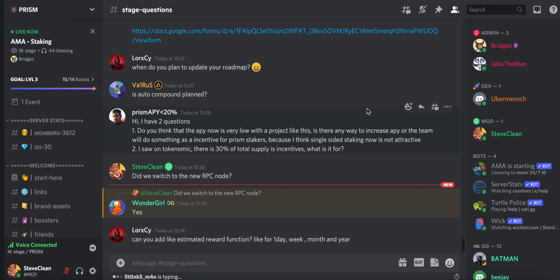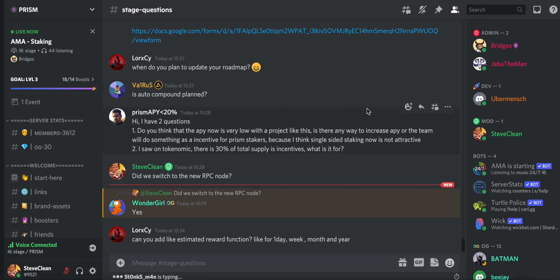So when you stake the tokens, if you stake with a flexible type, you can claim anytime you want. You can unstake anytime you want, but you get no lockup and you get fewer rewards compared to the locked types.